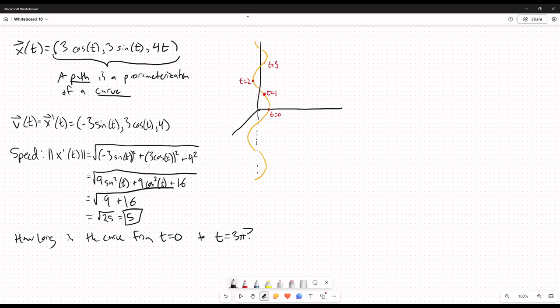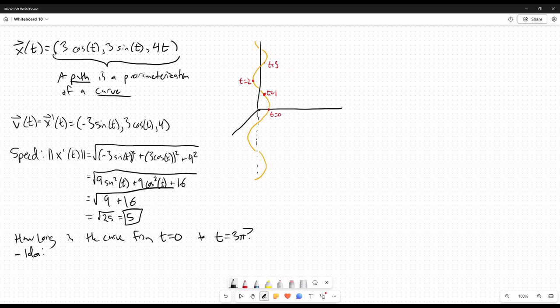One way of measuring that is to integrate the speed, because speed talks about change in distance over time while ignoring direction. So if we integrate the change of distance over time ignoring direction, that should give us how far we actually traveled. There's a more formal way to do that, but that's a good place to start.